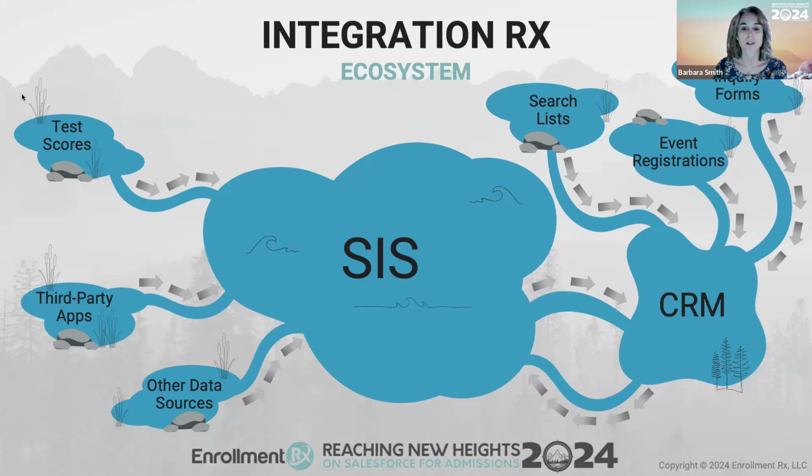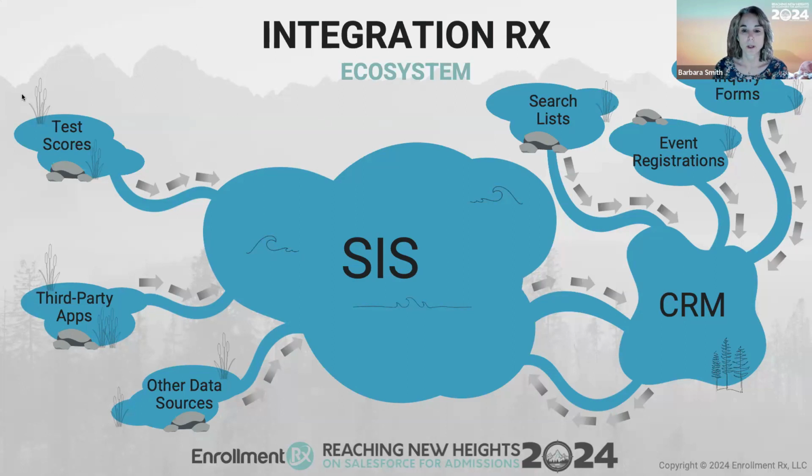We're going to talk about our preferred method where the CRM becomes the system of record, but we do accommodate this. We do have clients that continue to bring those third-party apps into the SIS because it's something that has grown into the SIS, either the import process or the application itself.